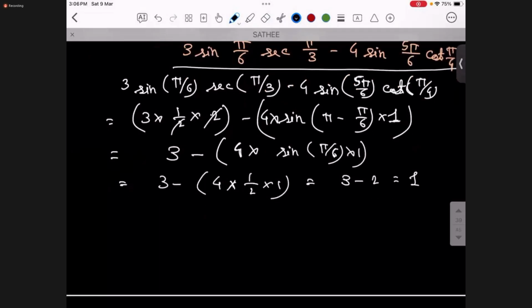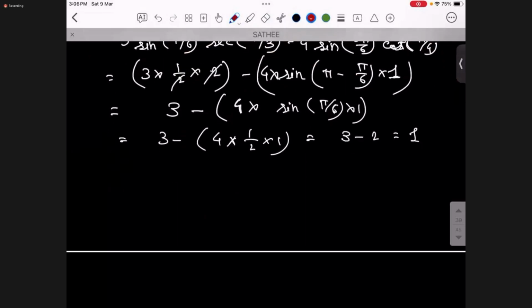Okay, so let's go for the next question. Find the value of sin 15 degrees. Now one can clearly see that 15 degrees is not a well-known angle, and we usually don't know the value of sin 15 degrees.